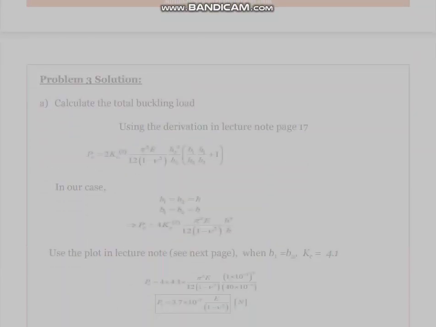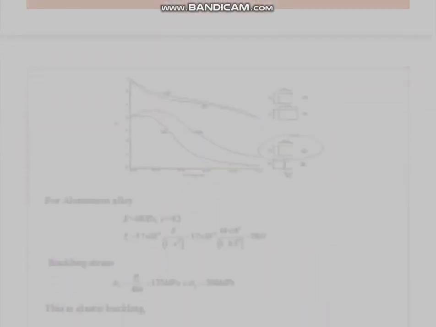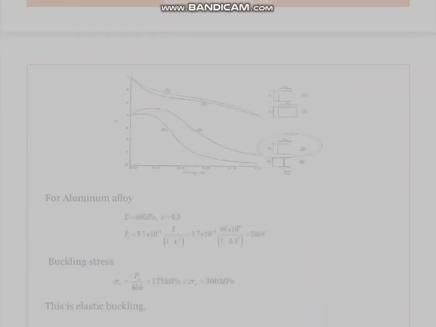Problem 3 solution. A. Calculate the total buckling load using the derivation in lecture note page 17. In our case, use the plot in lecture notes, see next page: when B1 equals B2, Kc equals 4.1. For aluminum alloy, buckling stress. This is elastic buckling.